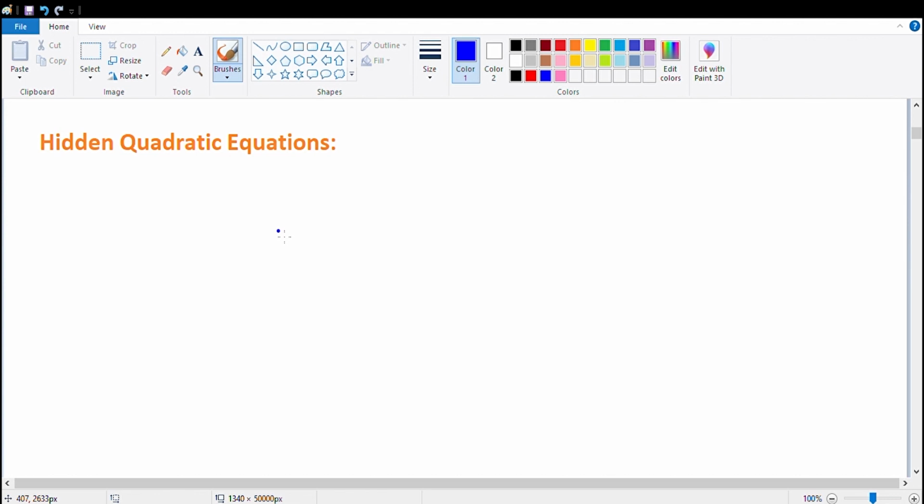Now, here are some examples. Let me write some examples of hidden quadratic equations.